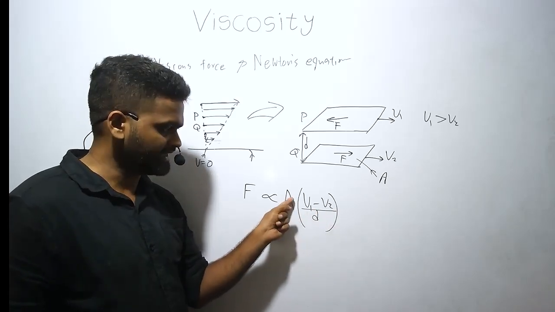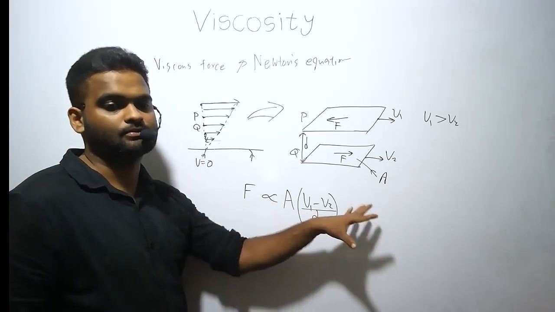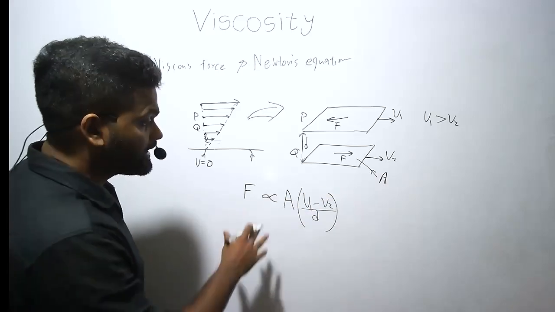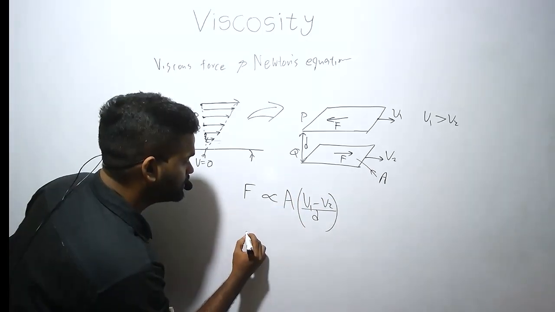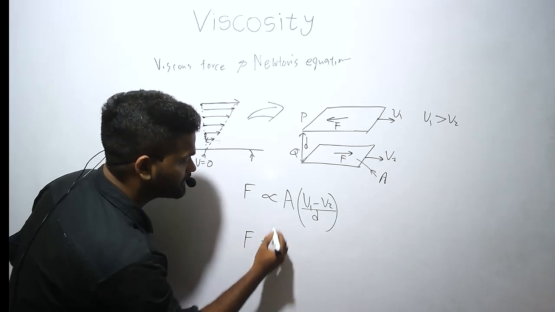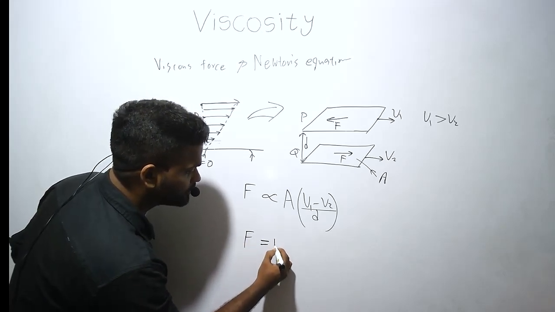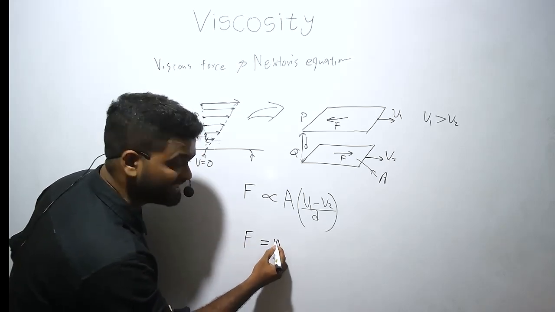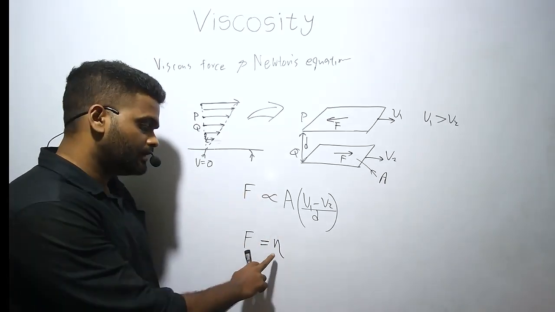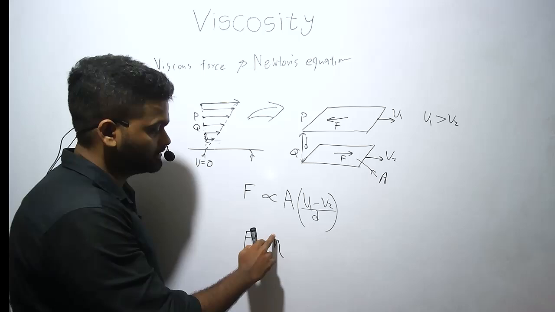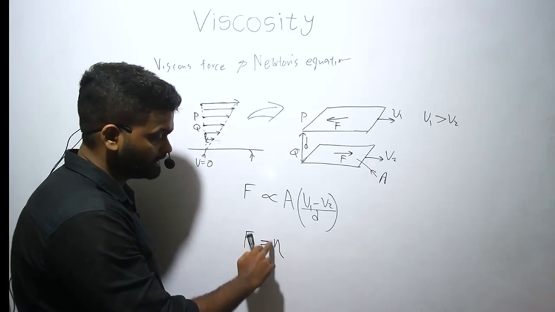So you can write that as a multiplication. Just proportional. Then if you want to write this as an equation, you have to put a constant. You can make it an equation, put a constant. This constant is called eta. Earlier you used this symbol for efficiency, but here it is for this constant.